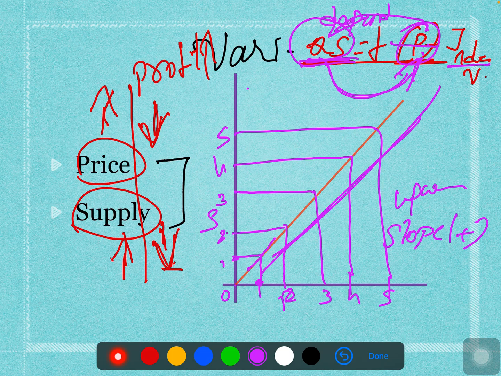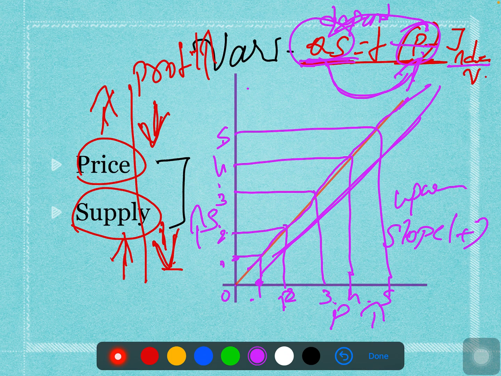You can see you got the points to construct the curve. The price is increasing, 1, 2, 3, 4, 5, and supply is also increasing. Both are moving in the same direction. So the theory is called a positive relationship between the variables.